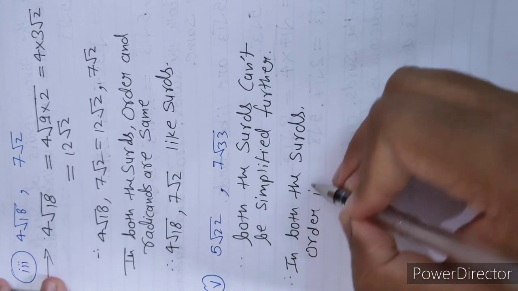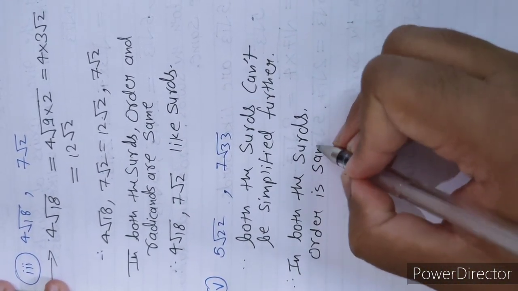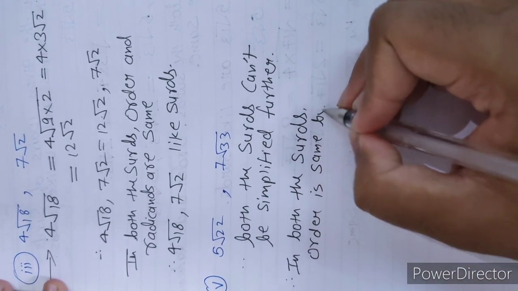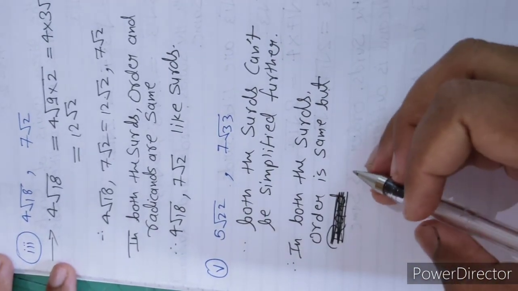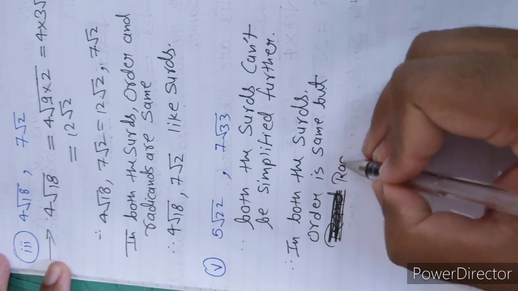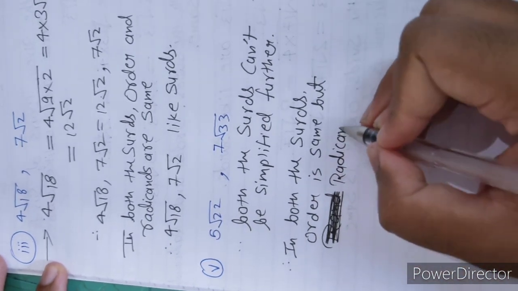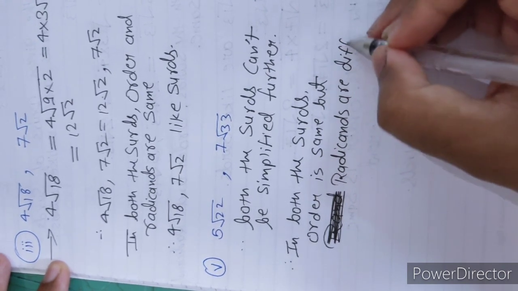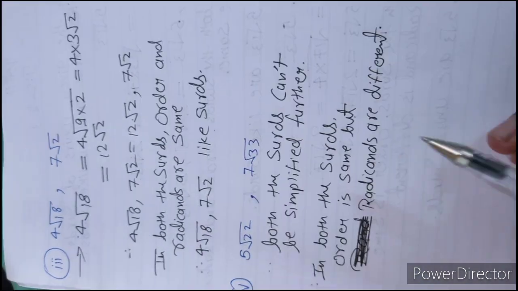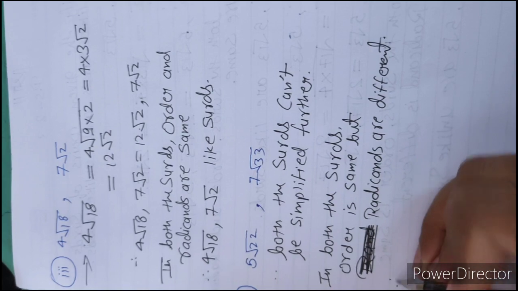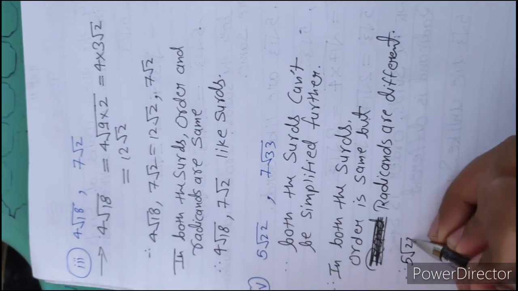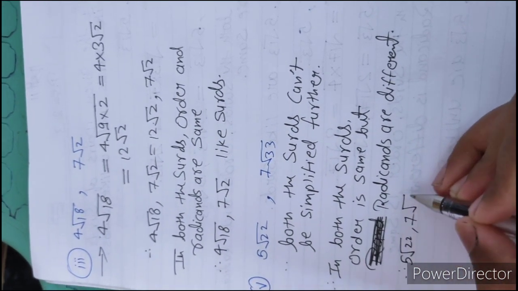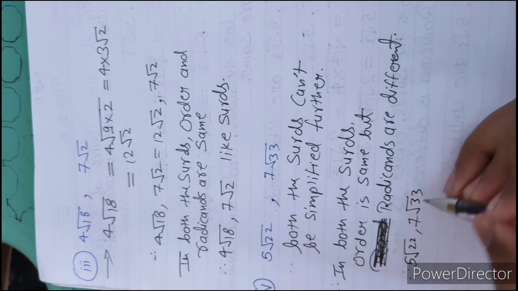Order is same, but radicands are different. Both are different. So here we will conclude that 5 root 22 and 7 root 33 are unlike surds.